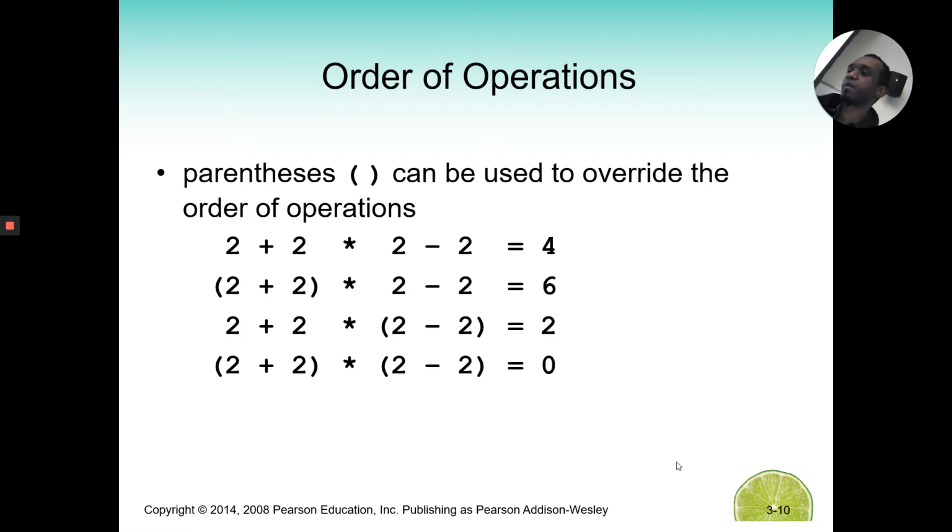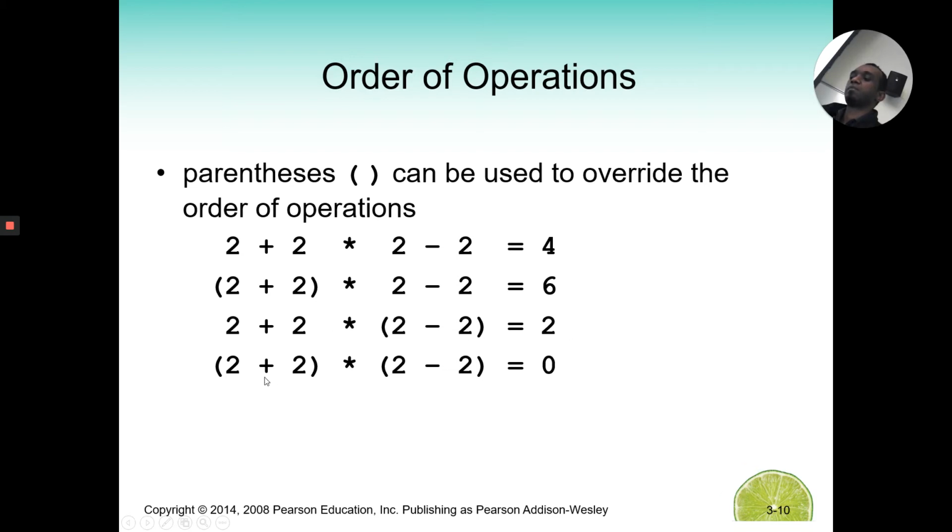Parentheses can be used to override the order of operation. Once you put in a parenthesis, you have to work with that first. With (2 + 2) * 2 - 2, the multiplication happens first, so that would be 4 times 2, and then minus 2, which would be 6. If you write 2 + 2 * (2 - 2), you work out 2 minus 2 first, which gives 0, then 2 times 0 is 0, then you add the 2.